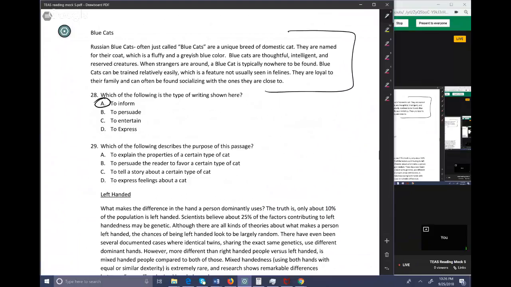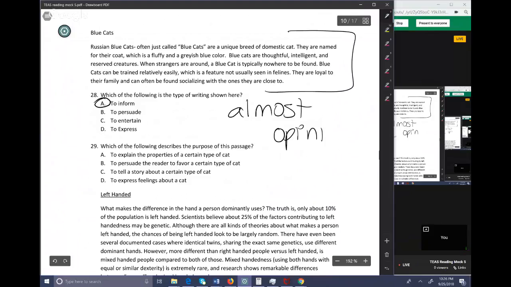I realize that this sounds like either it's persuasive or, if you think the way I think, you feel like it sits right on the line between informative and persuasive because it sounds almost opinionated. And I'll tell you why. There's not an opinion. They're not saying these are the best cats, or the coolest cats you can have, or you should get this cat.